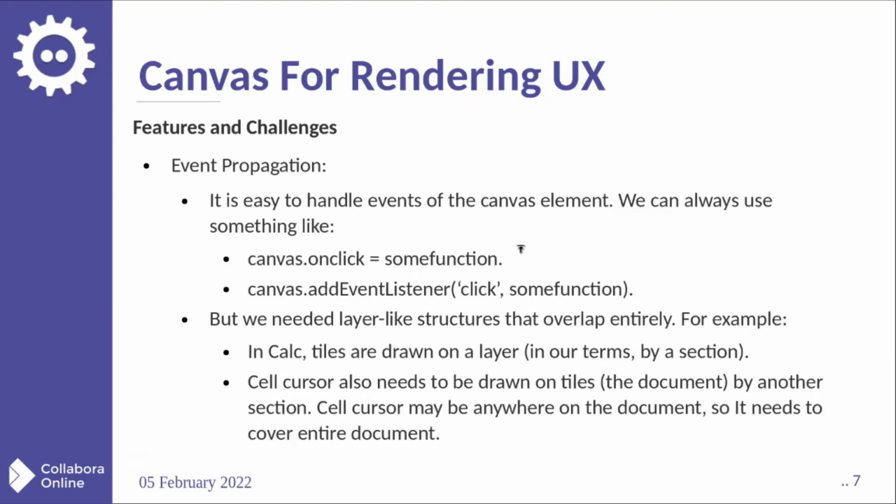Features and challenges. Of course, there are some challenges we needed to overcome while developing our library. For example, event propagation. It is easy to handle events if you have only one layer drawn onto a canvas. But if there are overlapping elements and they need to handle the events separately, then it may be challenging. Let me explain an example situation. We have tiles as a layer and shapes as another layer.